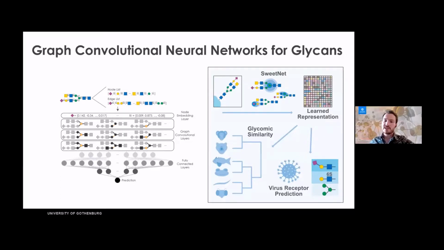And we also wanted to predict viral receptors, because I mentioned to you that viruses use these glycans as a kind of entry port into cells. So we wanted to see if we can predict from protein sequence which glycan epitope it will bind.